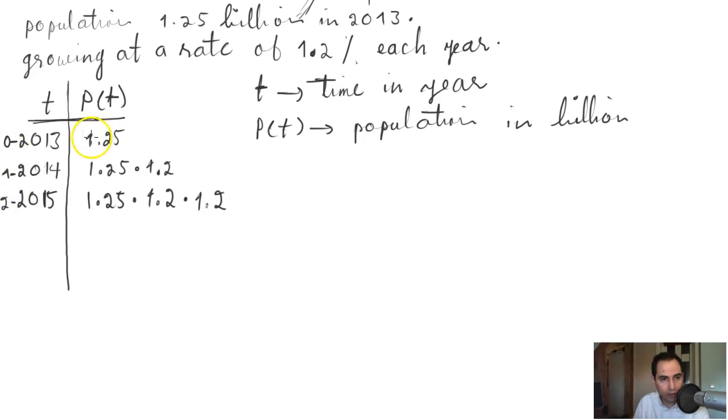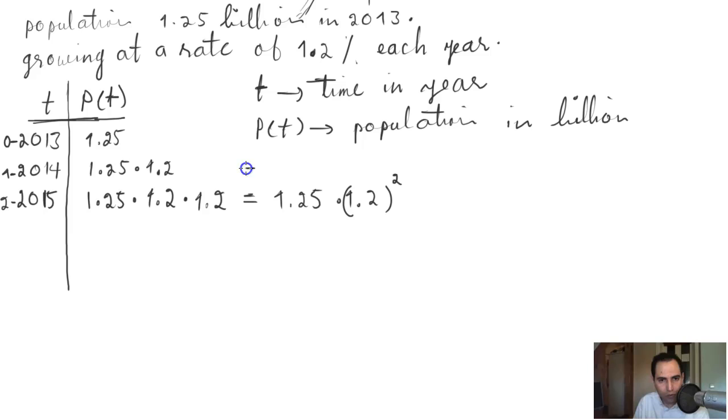That means 0 years after 2013, 1 year after 2013, 2 years after 2013. And then you can see that 2 years after 2013, which is 2015, you are multiplying twice by 1.2, or this can be written as 1.25 times 1.2 raised to the second power.